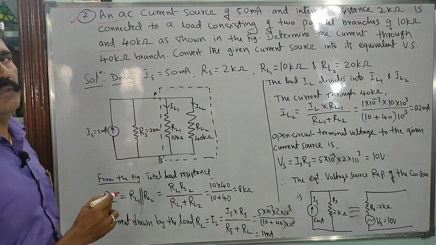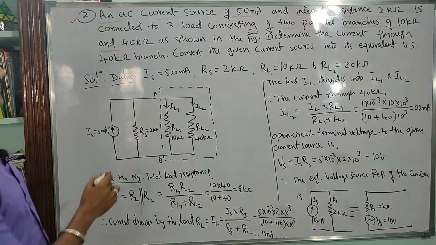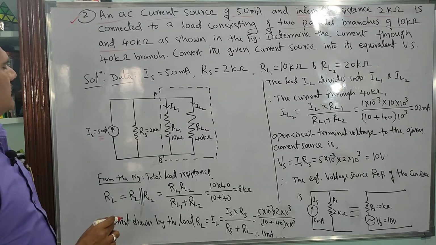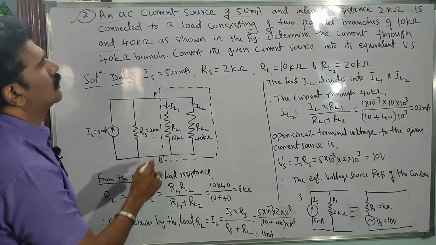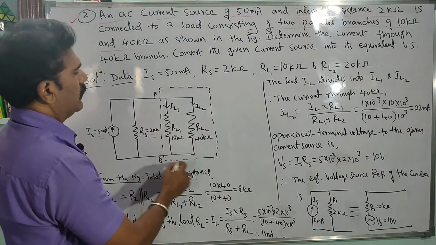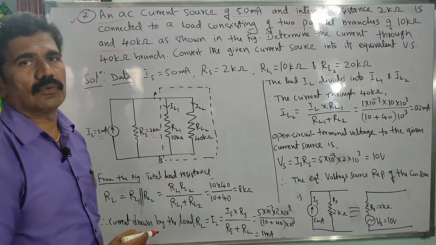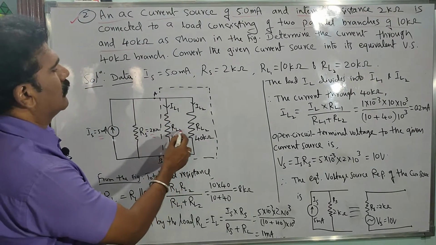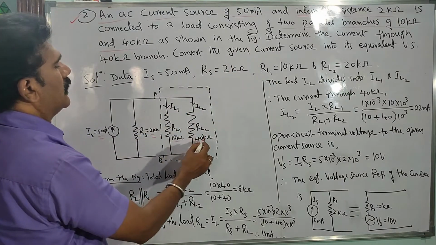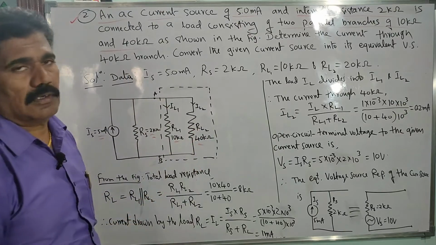You can see in the figure the current source of 5 milliamperes with an internal resistance of 2 kilo ohms. There are two resistors connected as load resistors, which you can call RL1 and RL2, with values of 10 kilo ohms and 40 kilo ohms.